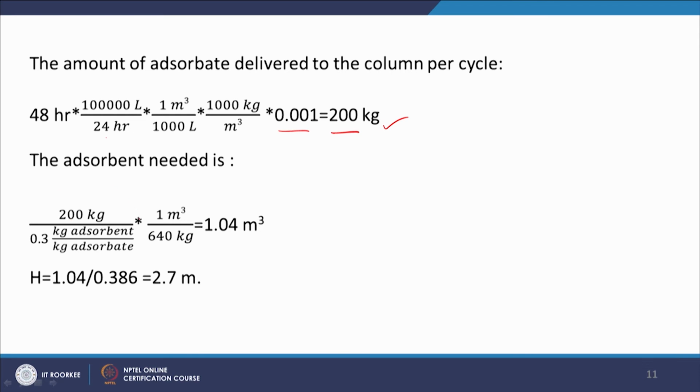This much adsorbent is required, and we divide it by the density of the adsorbent to get the volume of the adsorbent, which is the volume of the packed bed. Then height is volume by area. The volume is 1.04 meter cube and the area is 0.386, so the height is 2.7 meter. That way you can calculate.